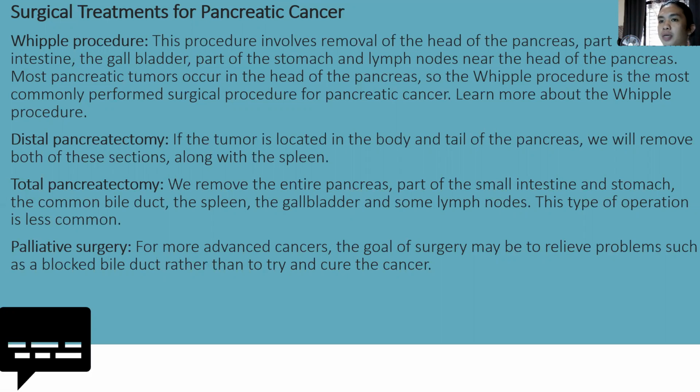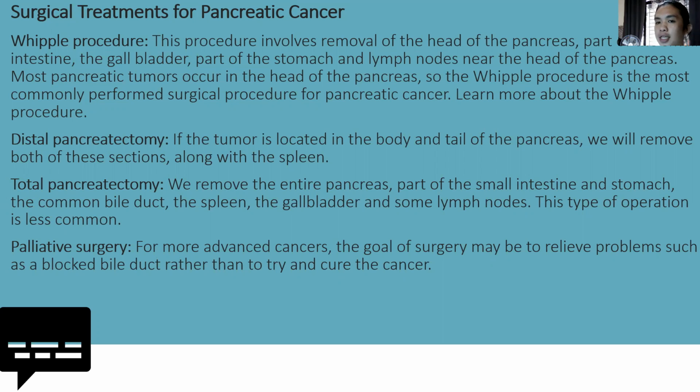Distal pancreatectomy. If the tumor is located in the body or the tail of the pancreas, both of these sections will be removed along with the spleen. Another one is total pancreatectomy, where the entire pancreas is removed, along with part of the small intestine and stomach, the common bile duct, the spleen, the gallbladder, and some lymph nodes.